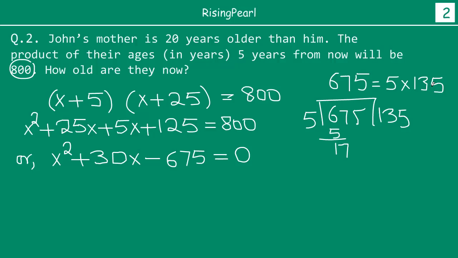Now 135 we can also write as 5 times 27. If you divide this by 5, 5 twos are 10, 5 sevens are 35, yeah, 27. I think we did it correctly.